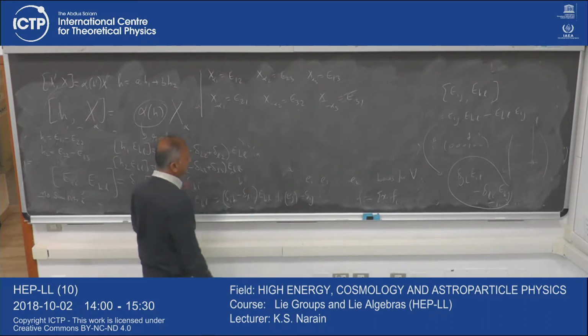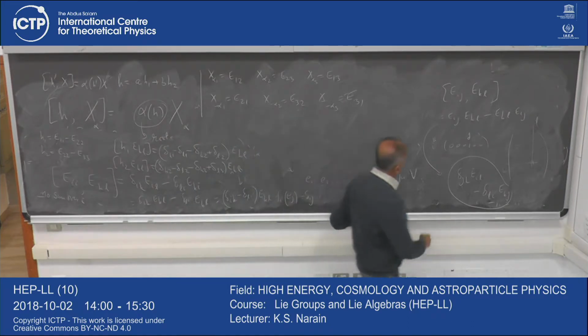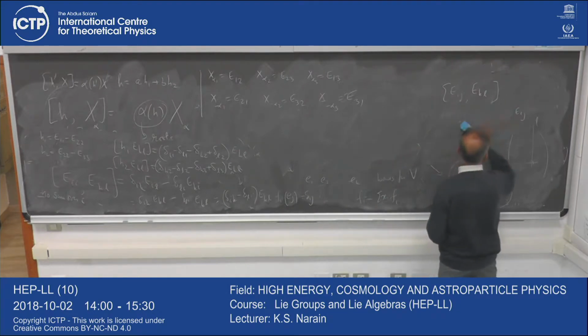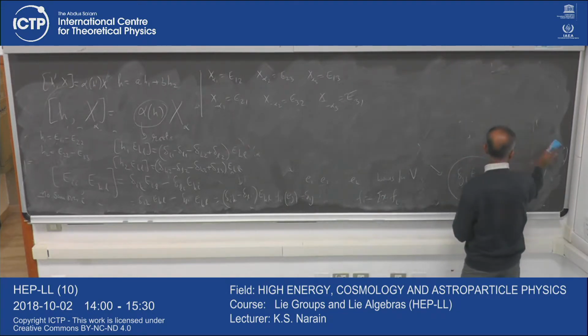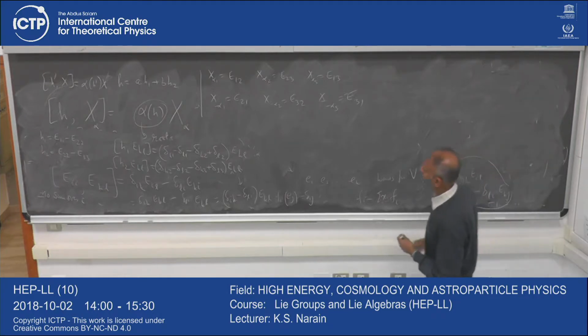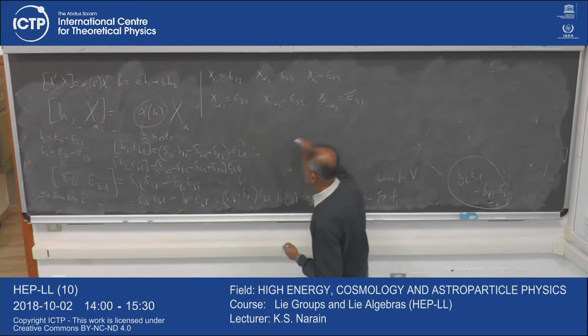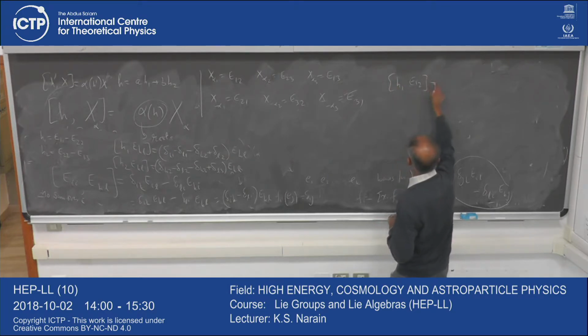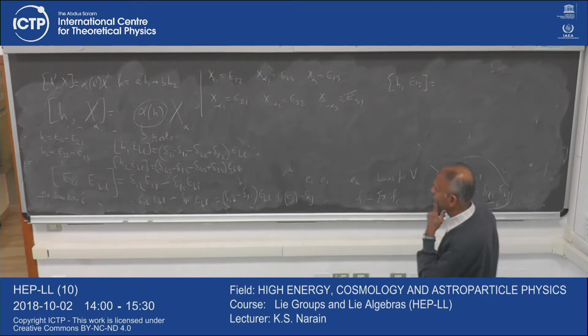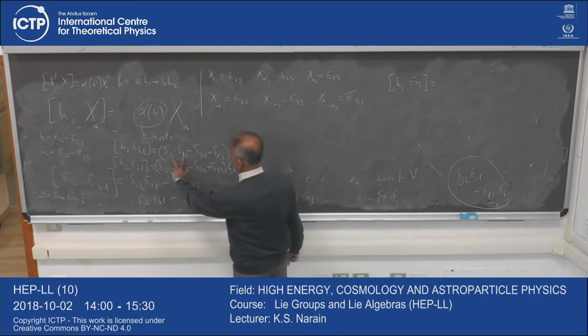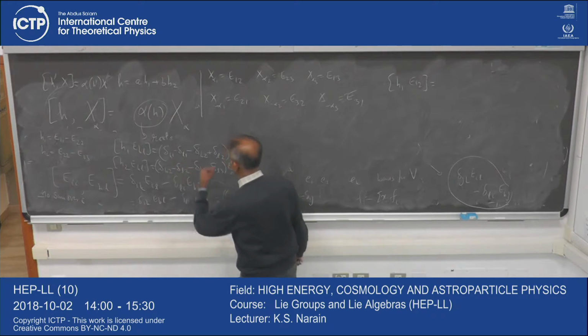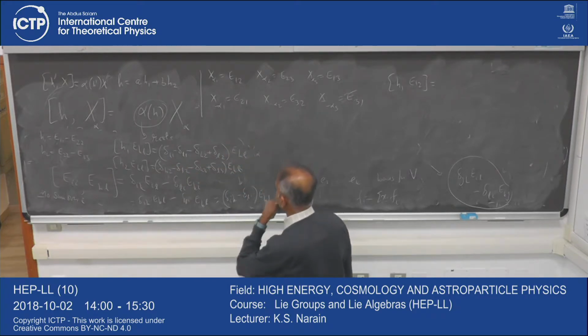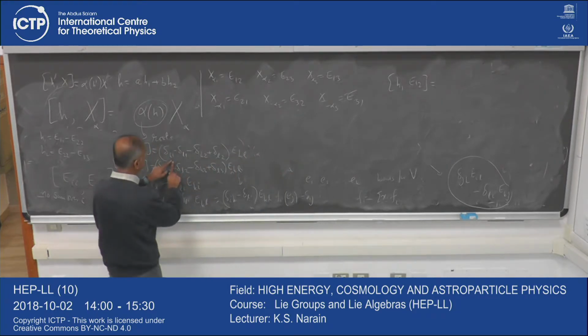Okay. At any rate, let's just compute these values. So for example, let's look at the E12. So H1 with E12 is, what is it, 1, 2. I substitute 1, 2. So K is equal to 1 and L is equal to 2.